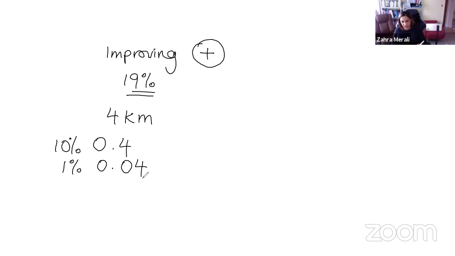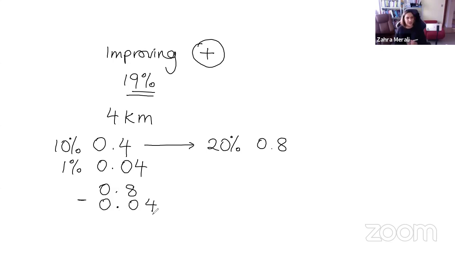But I want 19. What's an easy way to do this? Maybe you can see that 20% would be 0.8. And if I wanted 19%, I can do 20%, take away that 1%. So I can do 0.8 take away 0.04. Now, do you remember when we take away decimals, we line it all up?